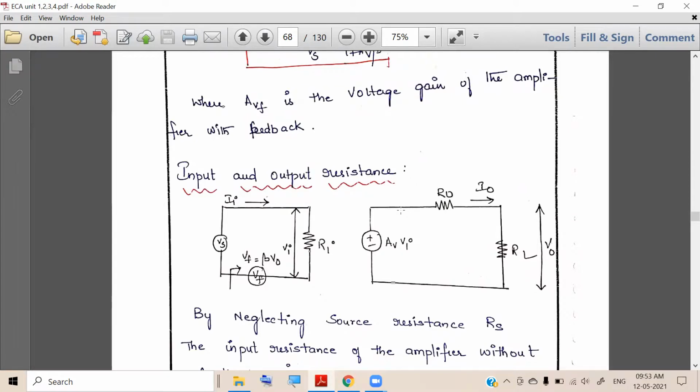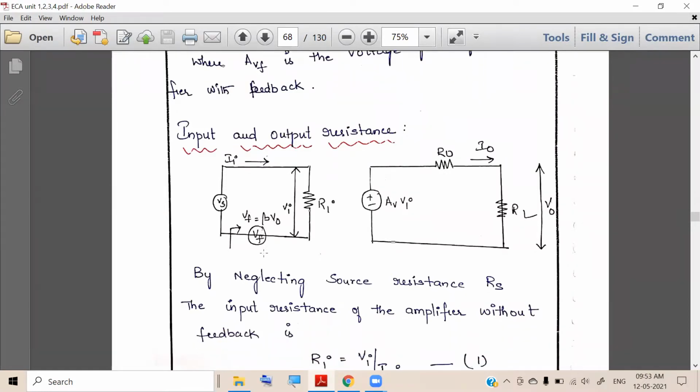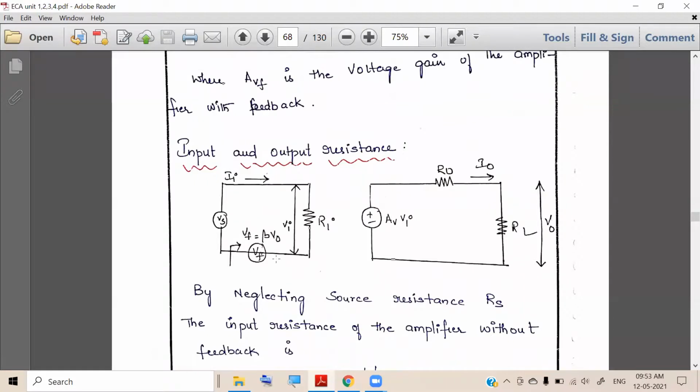Then series mixing is voltage, as I told, so the feedback signal is voltage. We are representing it as Vf, and Vf in this case is beta V naught, same old case.